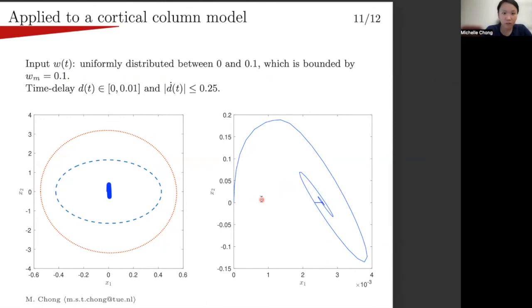So going back to computing our ellipsoidal bounds, by solving the conditions we derived earlier without minimizing the volume of the ellipsoid, we obtain the red ellipsoid depicted here. And by minimizing the volume, we obtain a tighter bound on the reachable set.